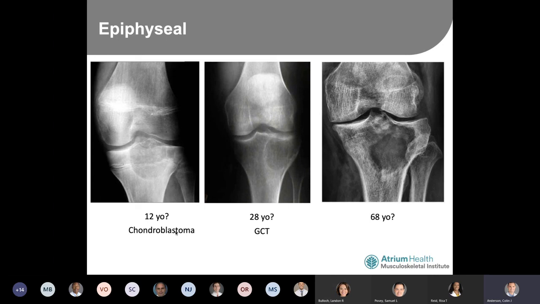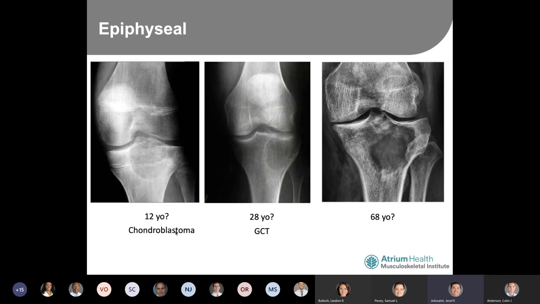And then, who would like to jump in on this third one? Is Joseph on? Joseph is on. So we have an AP of a knee here, and a 68-year-old, so an older individual.